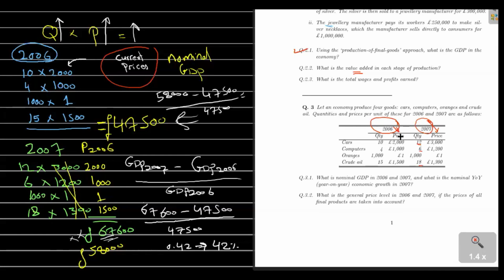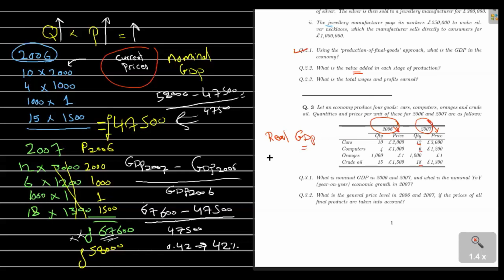The idea of keeping the prices constant has more to do with calculating the real GDP. I want to know how much the real output has changed over time, in our example between 2006 and 2007. And if you understand this, it could be applied to any number of series.